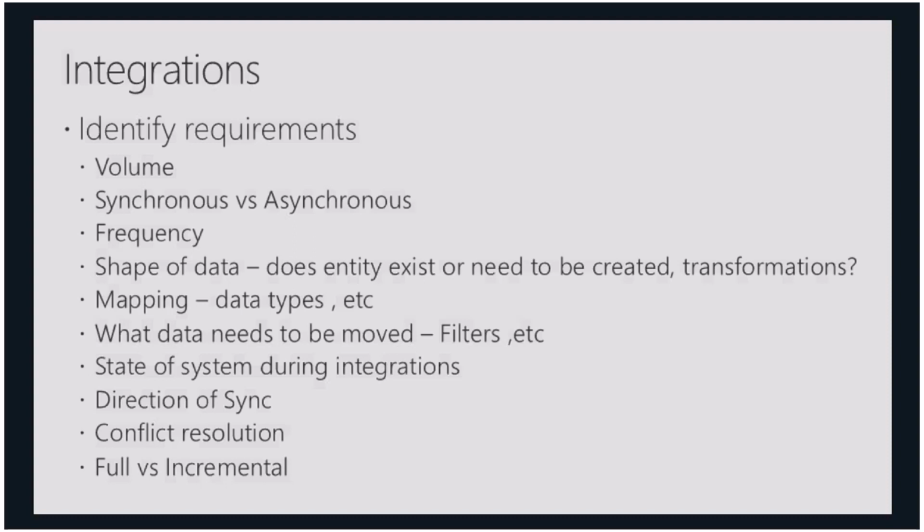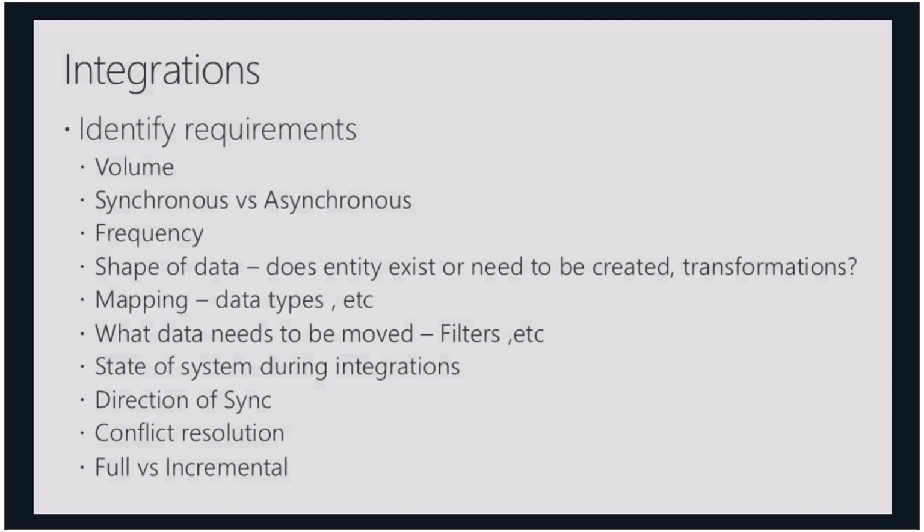Sometimes you don't want to move all your customers from CRM to AX. You would like to limit, for instance, just to the customers who are already confirmed. You don't want to move any early leads into your AX system, as you've seen on some of our customers. Those filters you have to decide with the business, what is the right approach here.